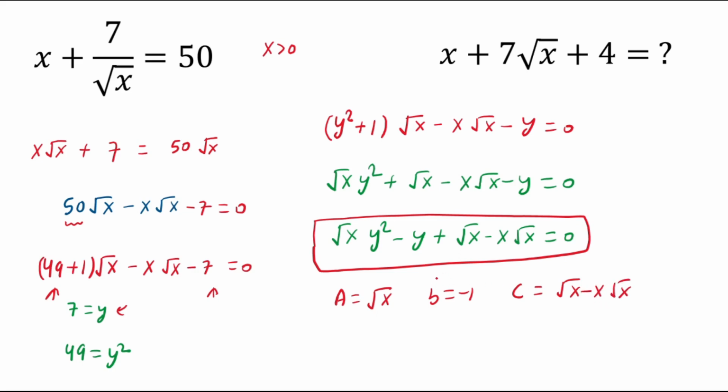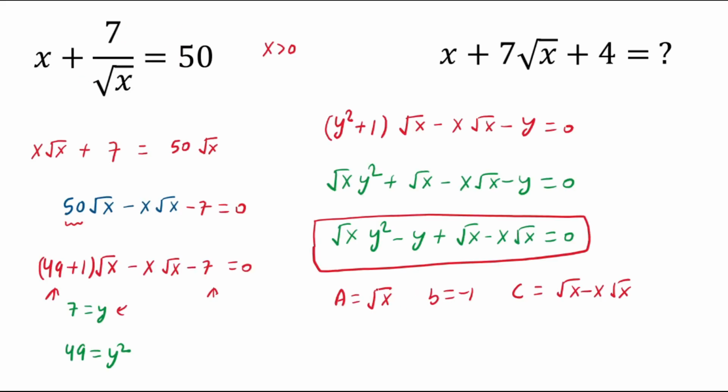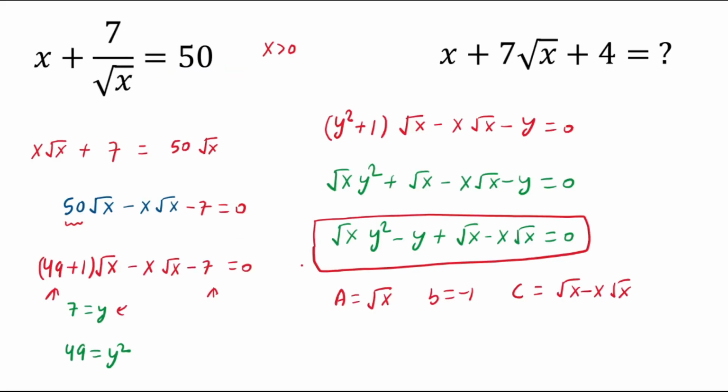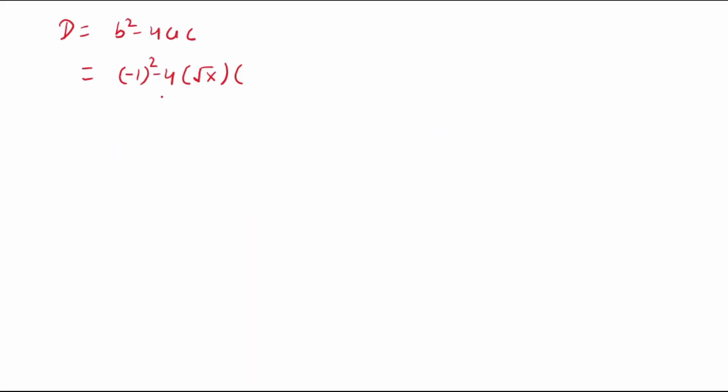Now first we will calculate the discriminant of this quadratic equation, and we know the formula of discriminant is D equals b square minus 4ac, and the value of b is -1, so -1 square minus 4, with a as square root of x, and c as square root of x minus x times square root of x.